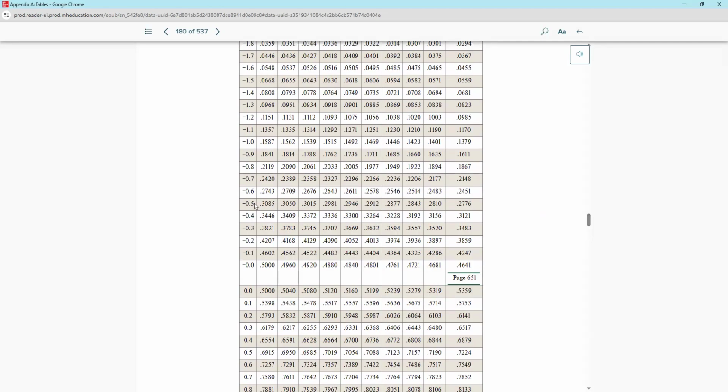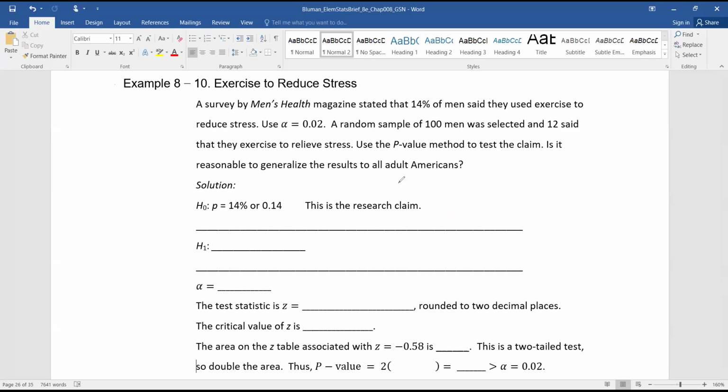Here's negative 0.5. So 0, 1, 2, 3, 4, 5, 6, 7, 8. So that's going to be 0.2810. So come back over here. I see that it was negative 0.58, and I got 0.2810. Again, this is a two-tailed test, so we have to double the area.